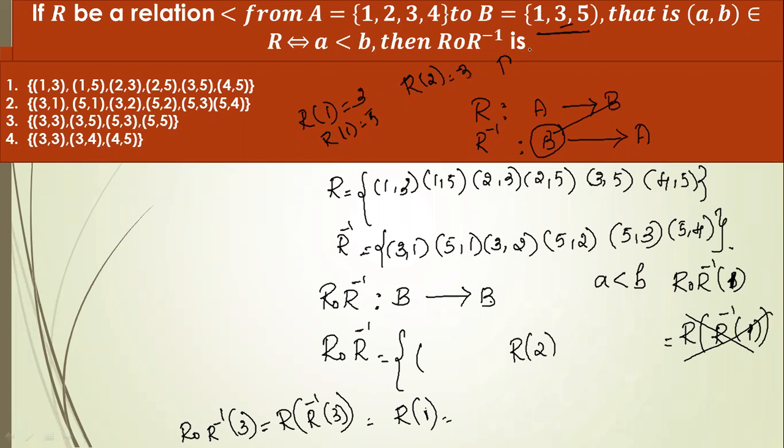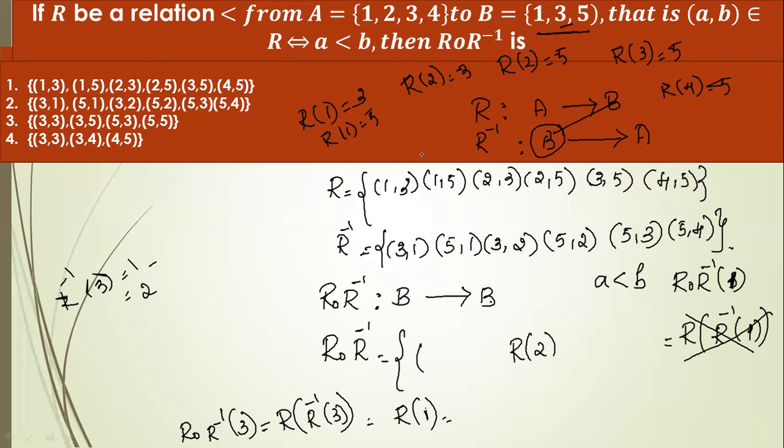Similarly, R of 2 is 5, R of 3 is 5, R of 4 is 5. Okay, this is the meaning of relation. Similarly with R inverse: R inverse of 3 is 1, and also R inverse of 3 is 2. Okay, that is the meaning of ordered pairs: R of the first element is equal to the second element.